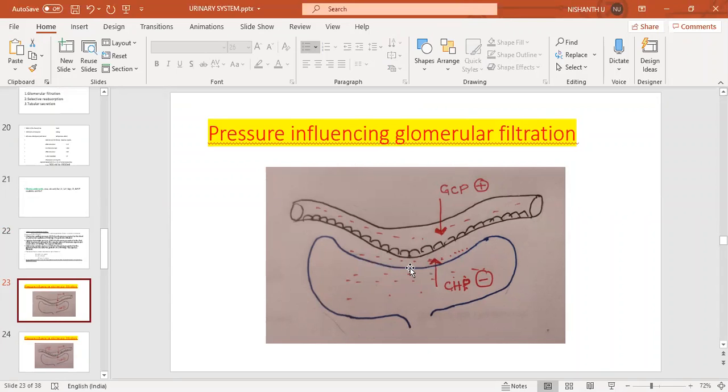It will slow down the filtration because it starts to get accumulated between the capillary and the Bowman's capsule. Already some amount of filtrate is present in the Bowman's capsule, and it will not run very fast into the proximal convoluted tubule. So this filtrate puts a negative pressure. It will slow down the filtration.